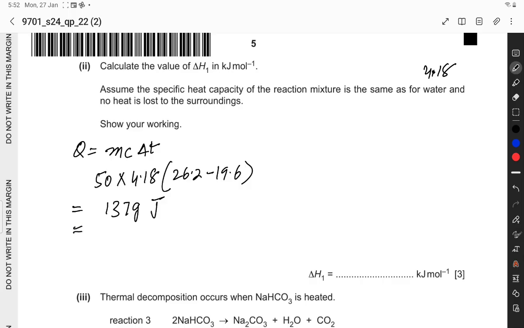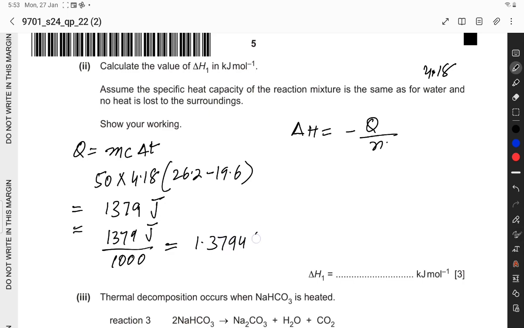So first, before putting this value in, delta H is equal to minus Q divided by n. 1379 joules divided by 1000 is equal to 1.3794 kilojoules.